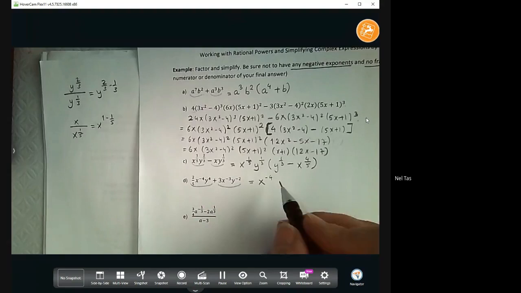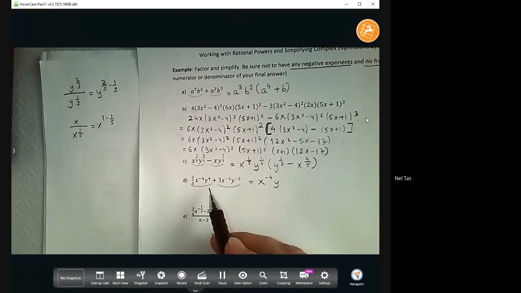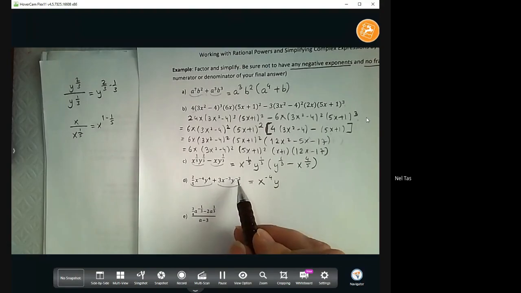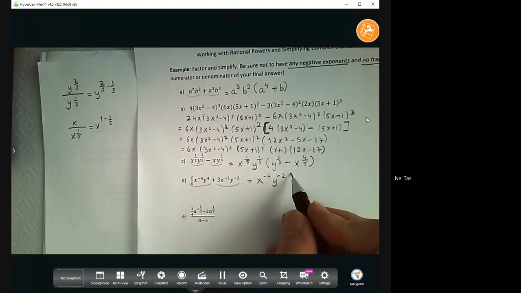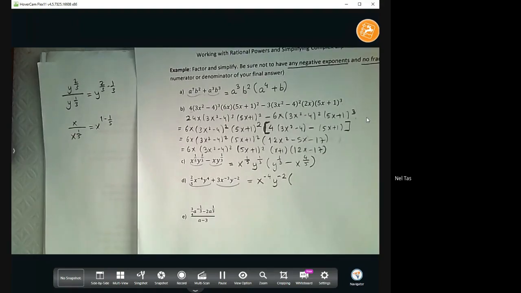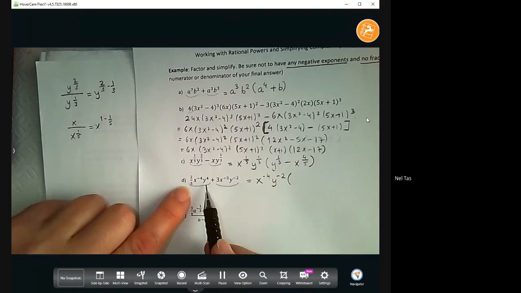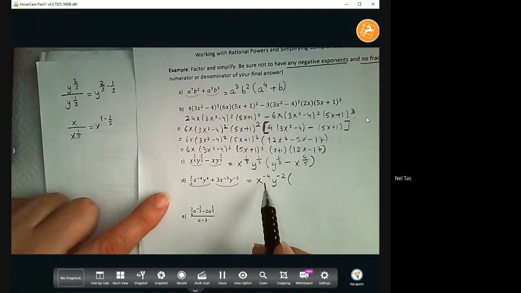So y, now we have y to the power of 4 and y to the power of negative 2. So the smaller exponent is negative 2. Let's open a bracket. So we are going to divide the first term by this common factor.